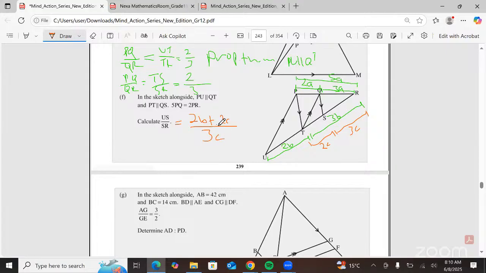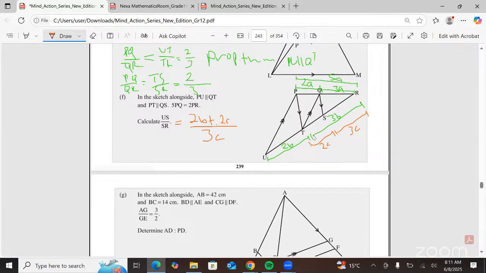Now since we have different variables in this expression, we need to find the relationship between the two so that we are left with only one variable.